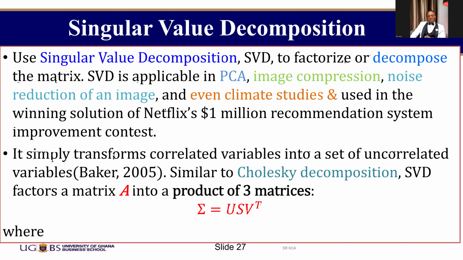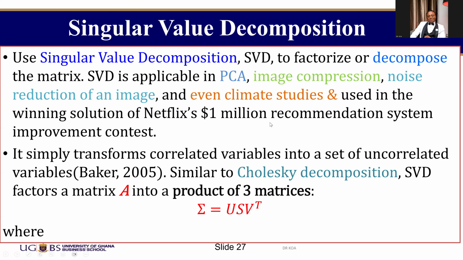Sometimes Netflix will say that because you watched this movie, these are movies you can watch. Why do they do that? They use that to make you stay, to become sort of addicted. But what you don't know is that the artificial intelligence algorithm behind the scenes is called a recommendation system, and it uses singular value decomposition in its work.